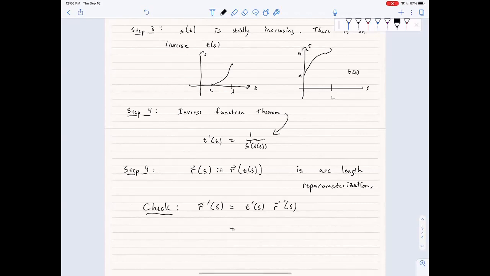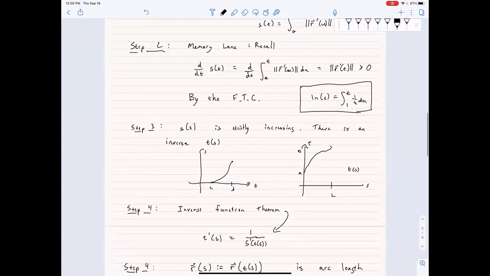Okay, but we found from the inverse function theorem that this is 1 over S prime of T of S. And this is going to be R prime of S. But what is S prime of T of S? Do you remember? I take S prime of anything, I get this.